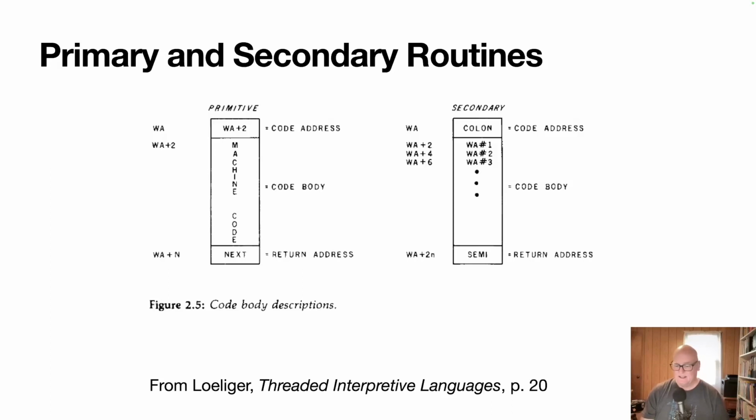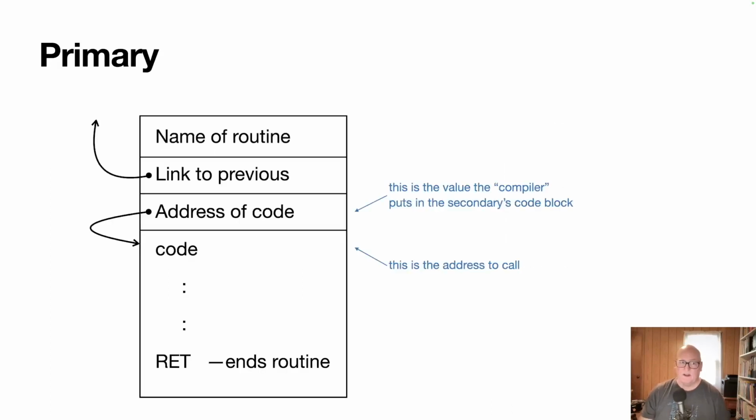All right, and I'm going to do something very similar, and I think this is kind of where we are. We're going to create a header that's the name of the routine and a link to the previous dictionary entry. This is maintained in a singly linked list dictionary.